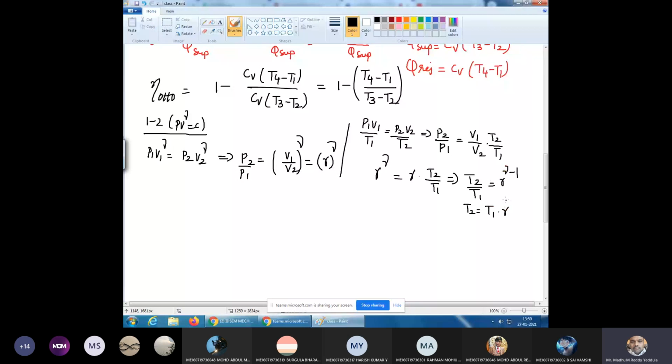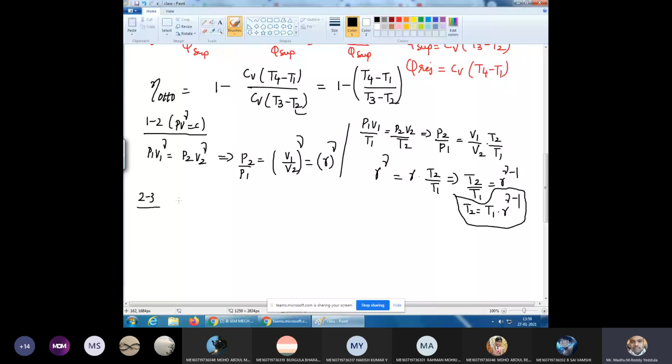We got one relation here: I got the T2 value in terms of T1. Now this is 1 to 2. Process 2 to 3 is a constant volume process, so V2 is equal to V3.